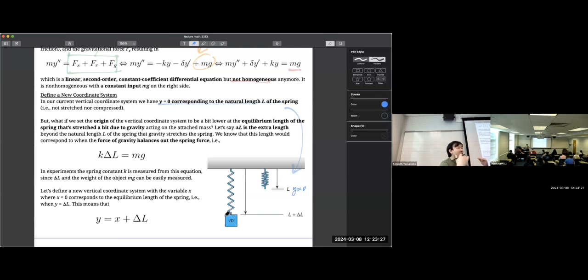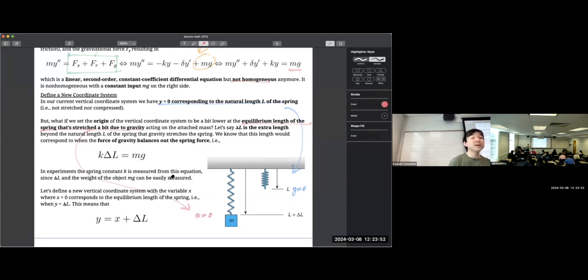And let's say that's our new 0 position. I'll write that that's basically like saying the equilibrium length of the spring, that's a stretch due to gravity. So why don't we create a new system? I'll use x equals 0 and say that is going to be our new position. That's our new 0 position.